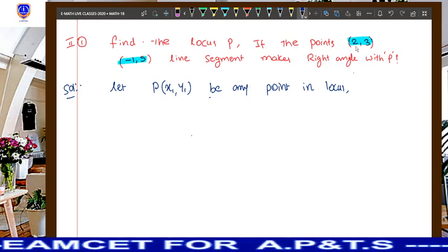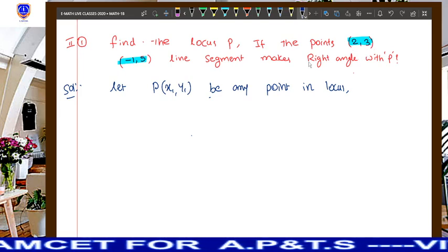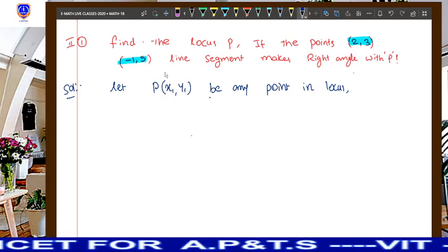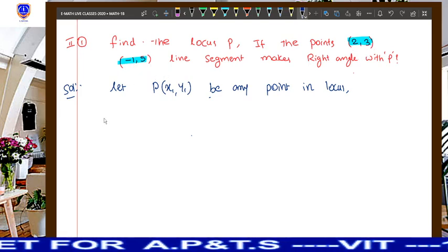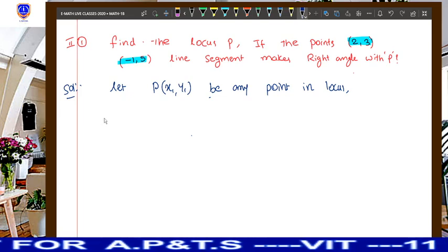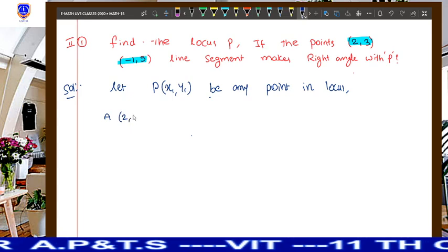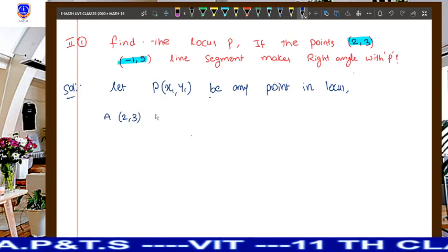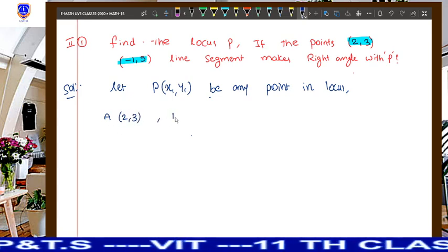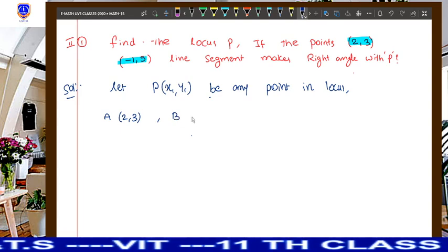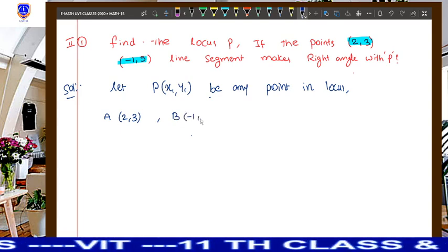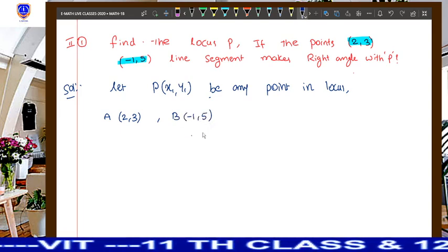He just says (2, 3), (-1, 5). So what we have to do is name them. I took capital A as (2, 3), and the next point, name it capital B, (-1, 5). Fine.